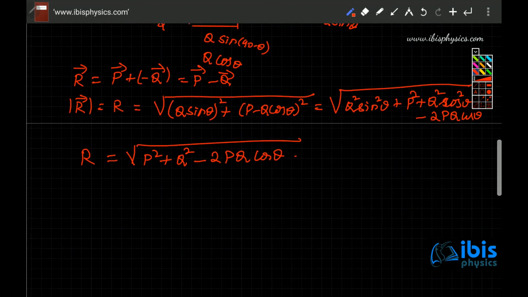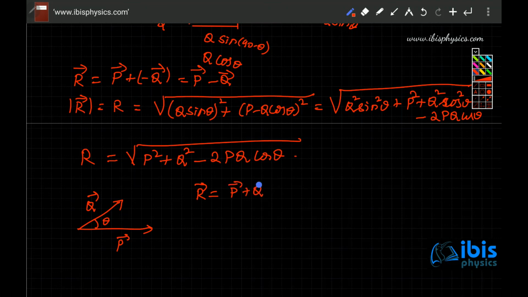So if p is one vector, q is another vector, and the angle between them is theta, then r vector as p vector plus q vector has magnitude r equal to root over p square plus q square plus 2pq cos theta.